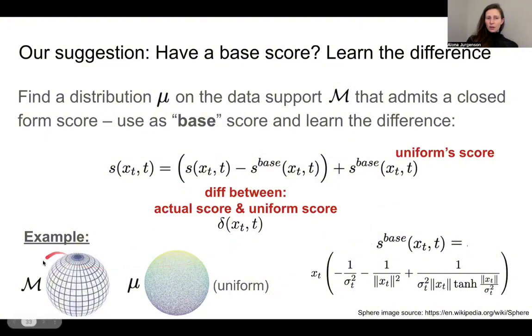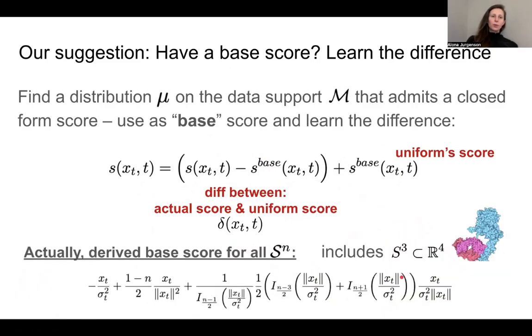So here is another example. Basically, we have M, the support manifold here is the two-sphere, and this is the uniform distribution, or samples from the uniform distribution, which we generated actually using the base score. So we got the base score analytically for this case. And in fact, in the paper, we actually derive the base score for all n-spheres.